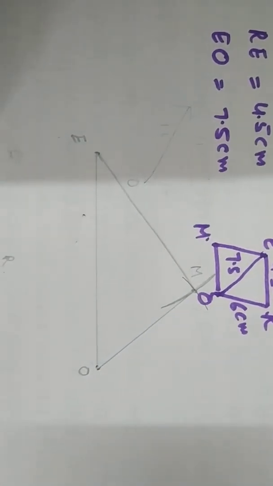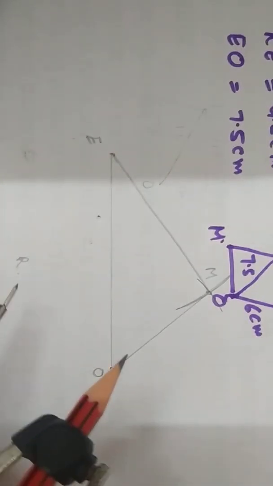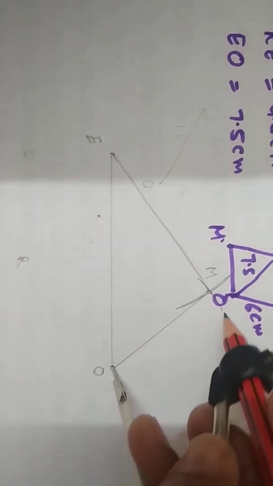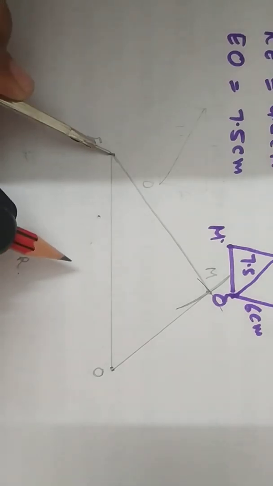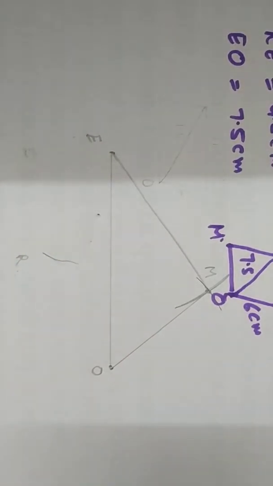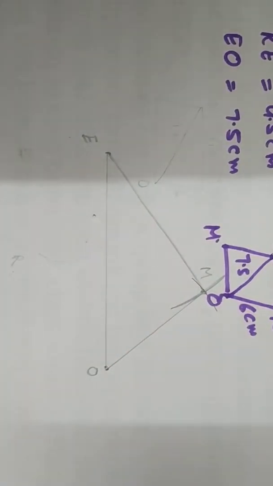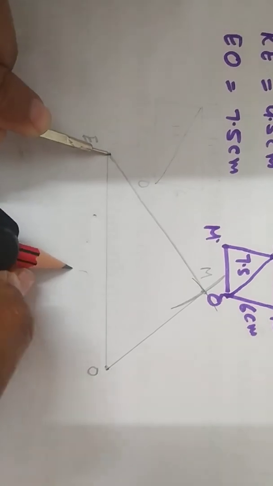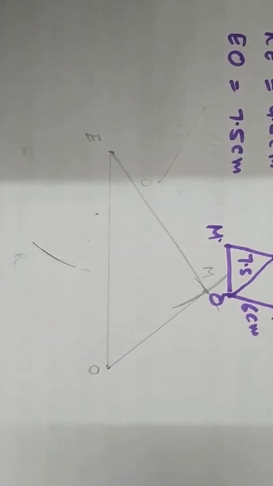Now come to the R point. ER is given to us as 4.5 centimeters. So I'll take 4.5 and, by putting the compass at E, put an arc of 4.5.